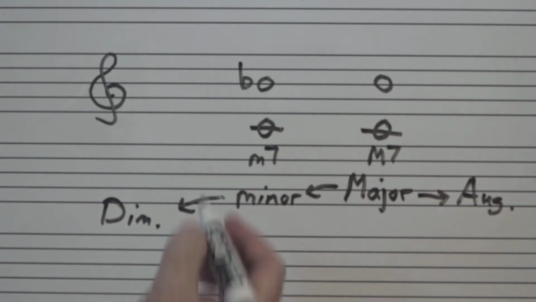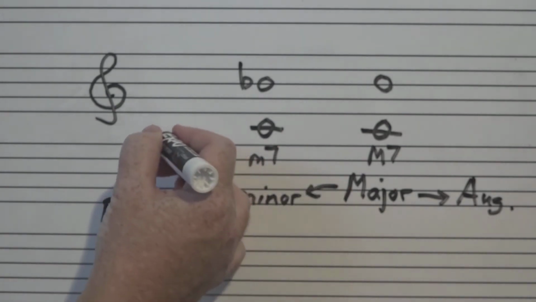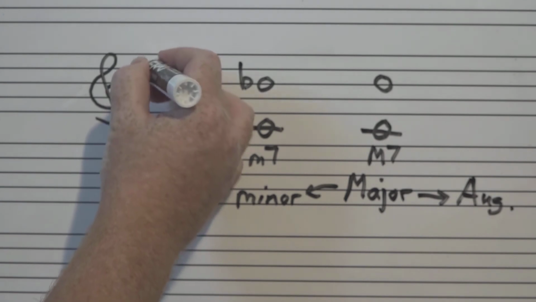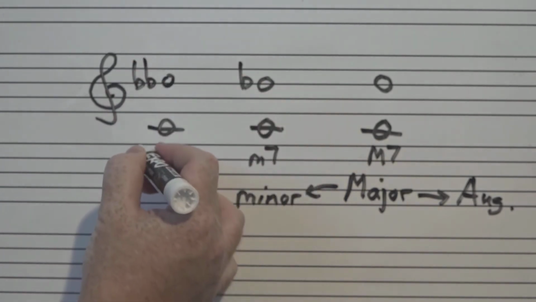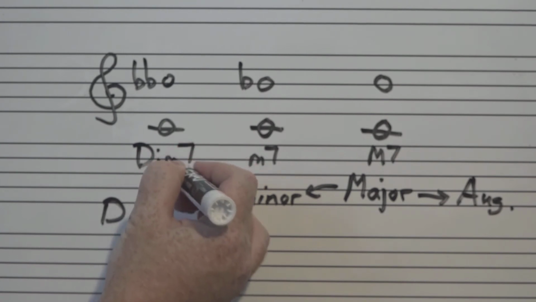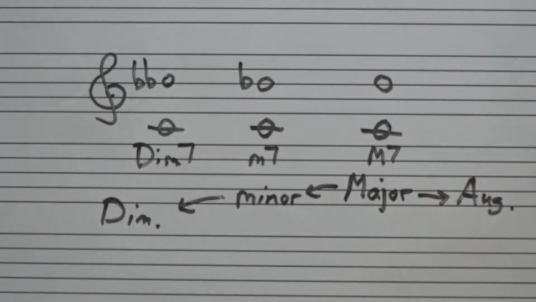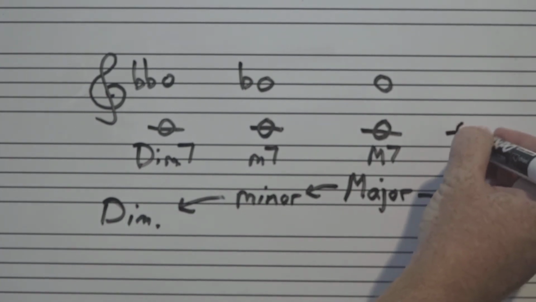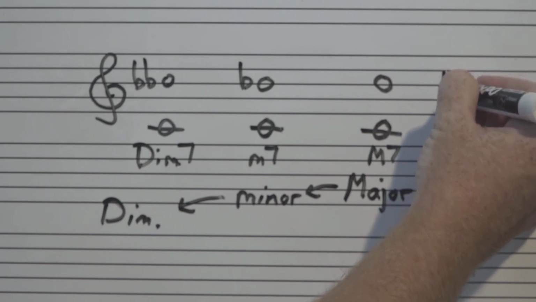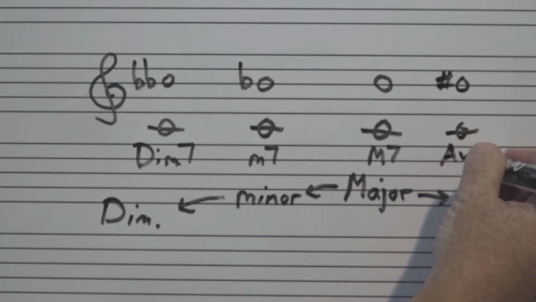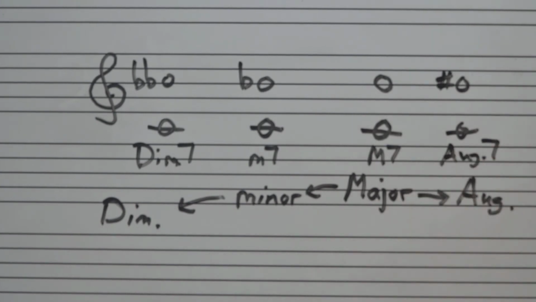And we can lower it one more time, and this will actually be something that's relatively common. C up to B double flat will be a diminished seventh. And one more, C up to B sharp will be an augmented seventh.